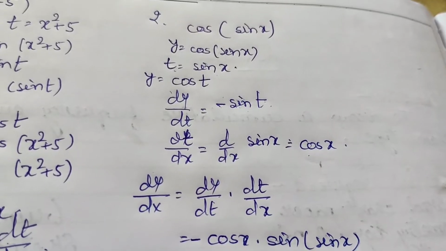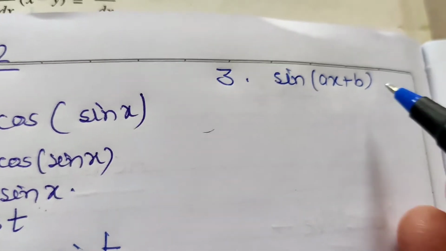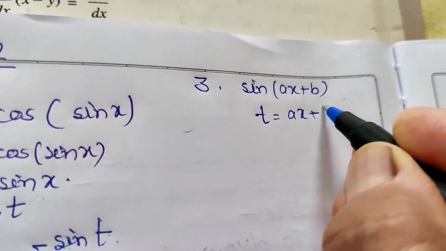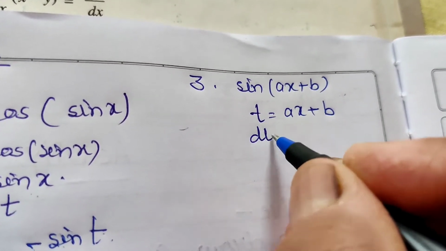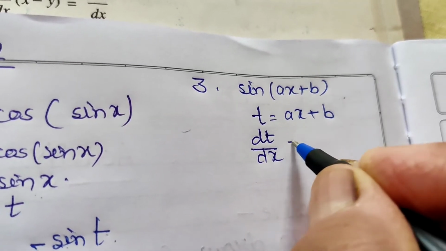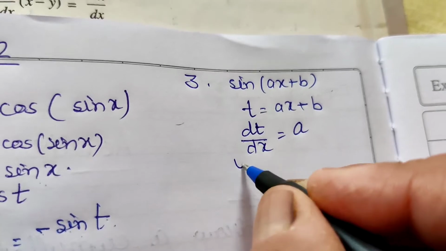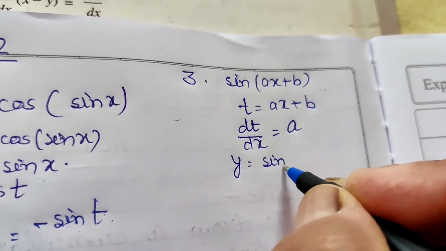Question number 3, sin(ax plus b). Let t equal to ax plus b. From this we can write dt over dx equal to a. And y equal to sin t.